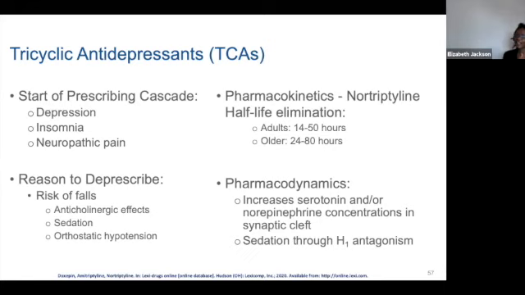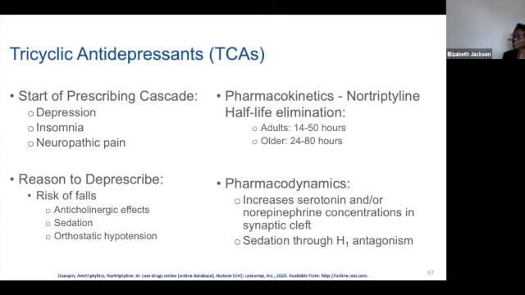TCAs, tricyclic antidepressants. Let's imagine you have a patient that has depression or insomnia and you prescribe nortriptyline. The half-life elimination in a geriatric patient can be anywhere from 24 to 80 hours. If you compare that to an adult who's not a geriatric patient, 14 to 50 hours. So a huge difference in terms of half-life elimination.